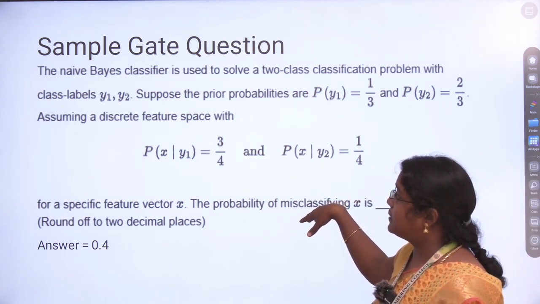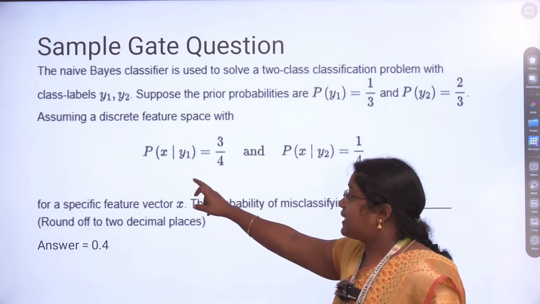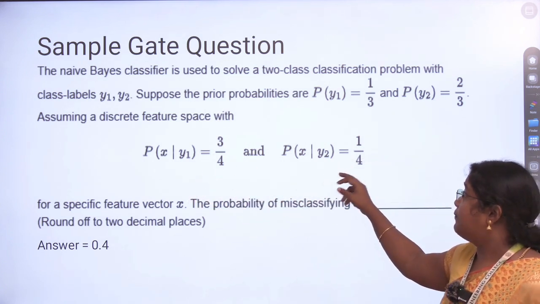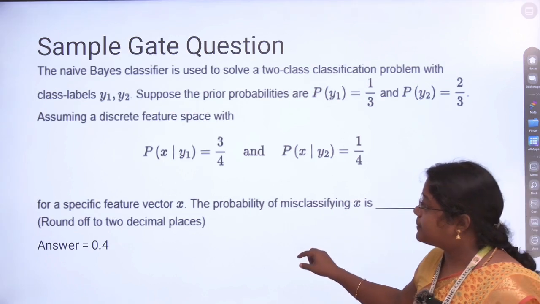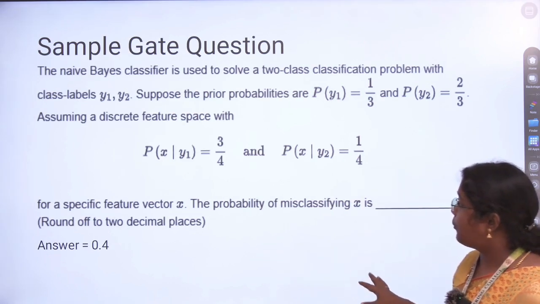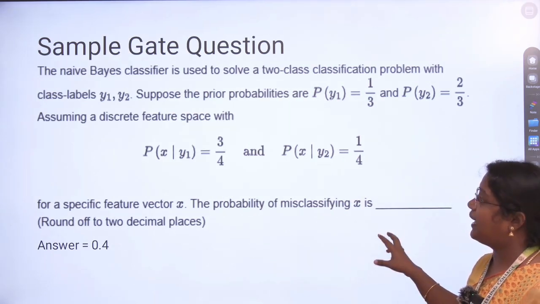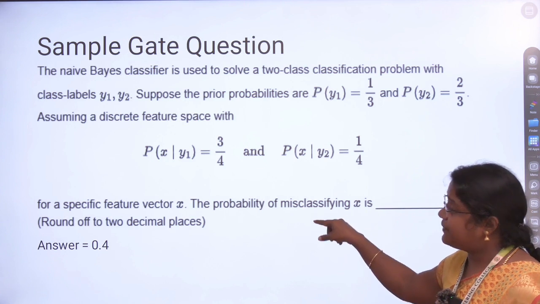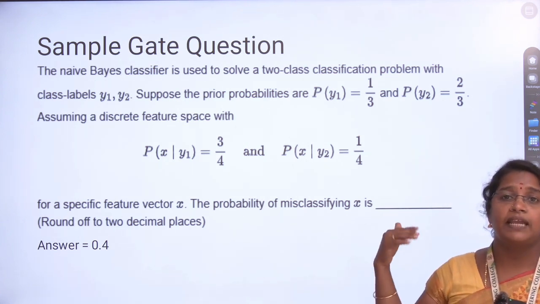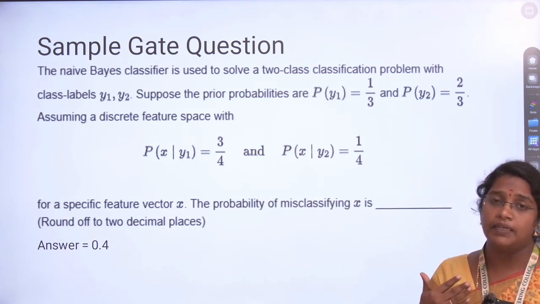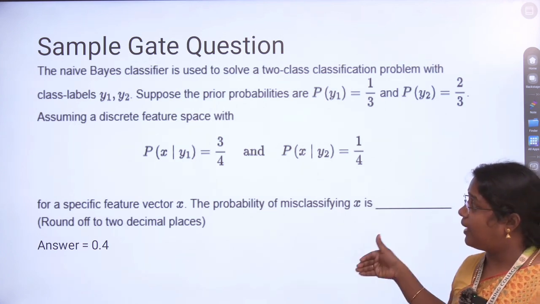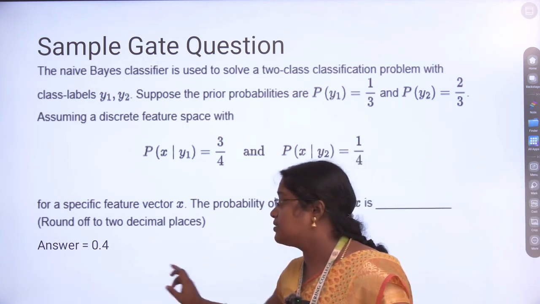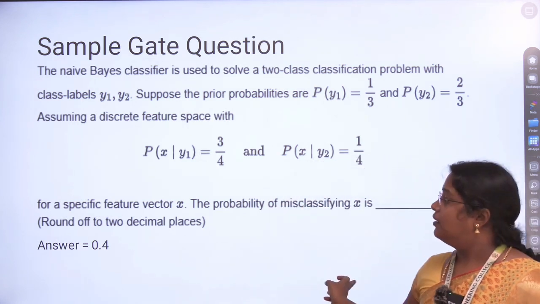Assuming a discrete feature space with probability of x given y1 is 3 by 4 and probability of x given y2 is 1 by 4. For the specific feature vector, what is the probability of misclassifying x? Here they are asking for the misclassification probability. So whatever we explained in the mathematical part of the Naive Bayes algorithm, after applying this we have to find the posterior probability. We can check the answer is 0.4.